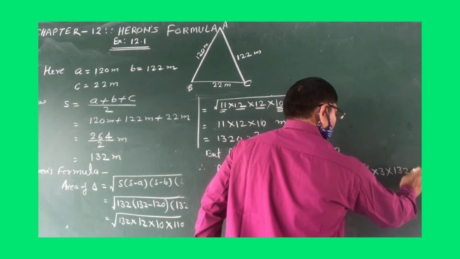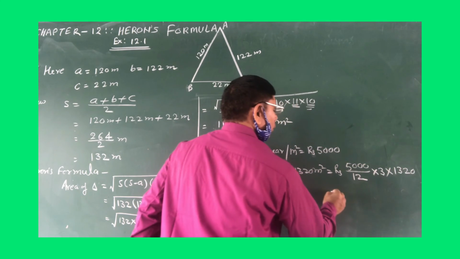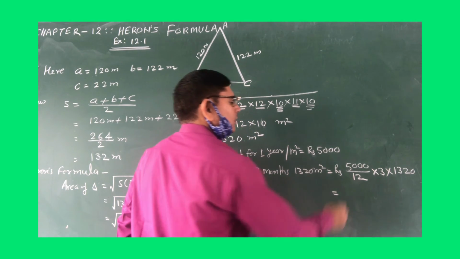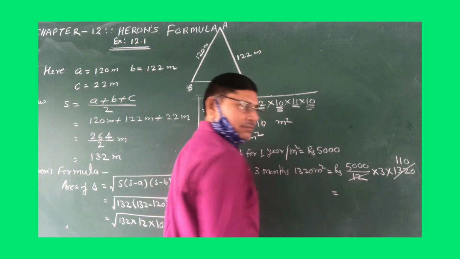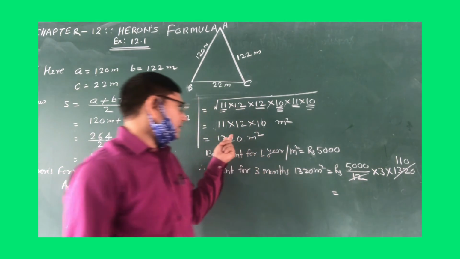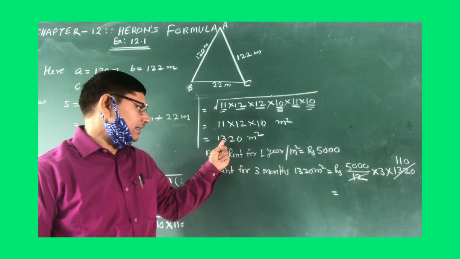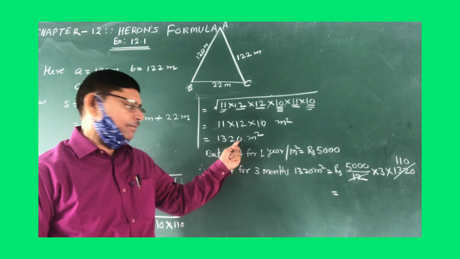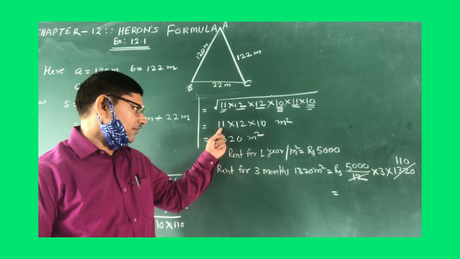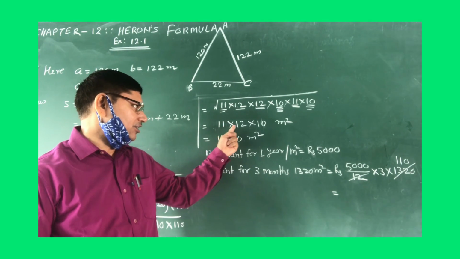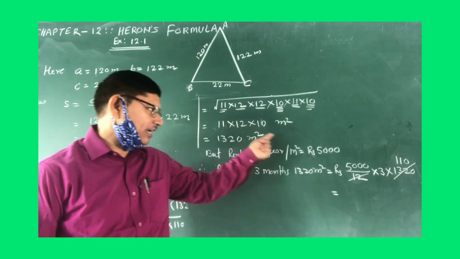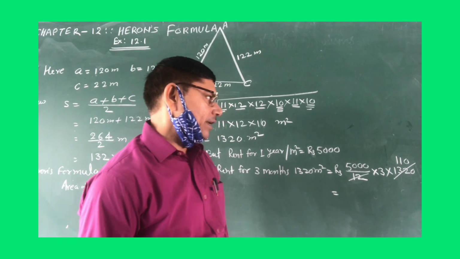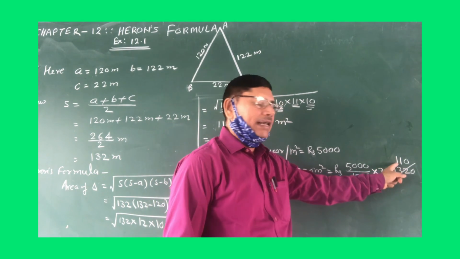So now by calculation, 12 से तो ये cancel ही होगा, 11 and 0, because here you know that 1320 you will get for the factors 11 into 12 into 10. So 12 is cancelled out. 11 into 10 means 110. Okay, and 3 into 11.